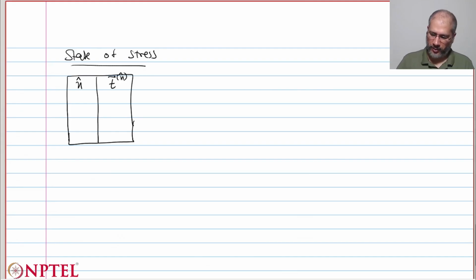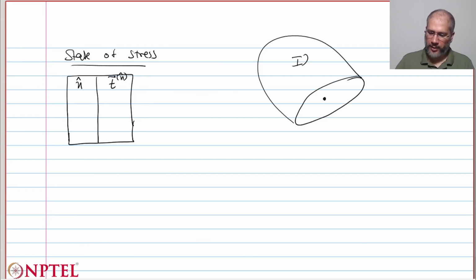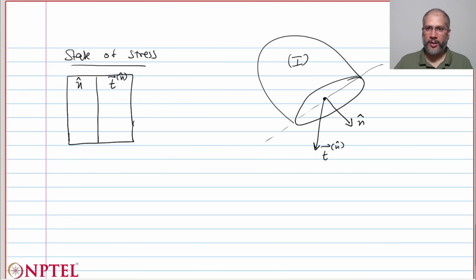So if you have point P and you decide to create an imaginary cut, where n hat is the unit normal to the cut direction, the traction vector t in this case is t n hat.